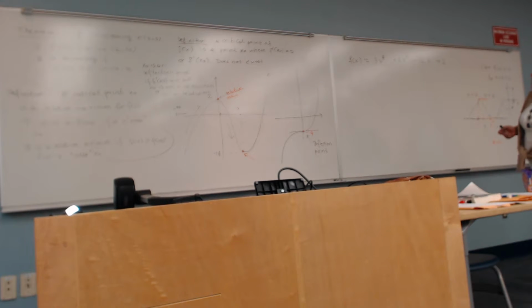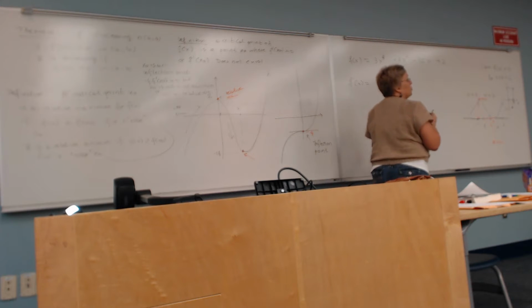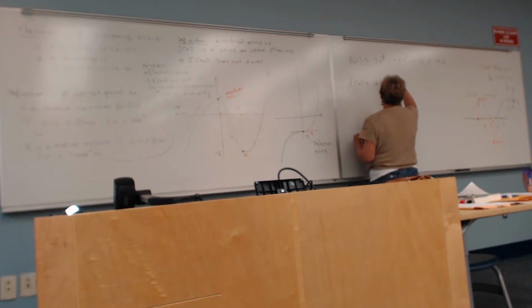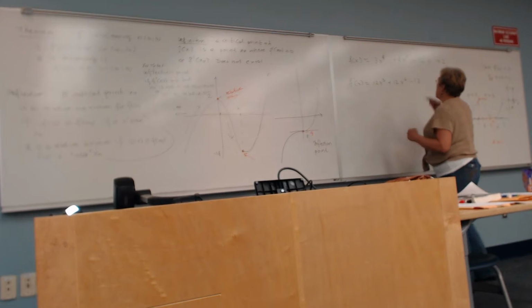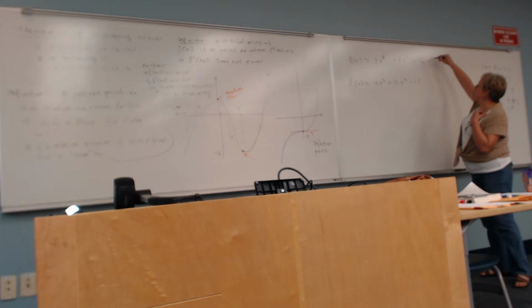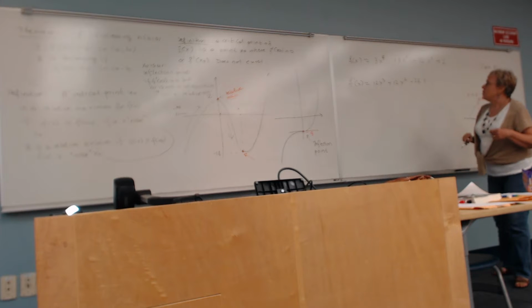Okay? So let's calculate the derivative here. Who wants to give me this derivative? 12x cubed plus 12x squared minus 12. Sorry, there was a square here. So, no, there would be 24x, right?